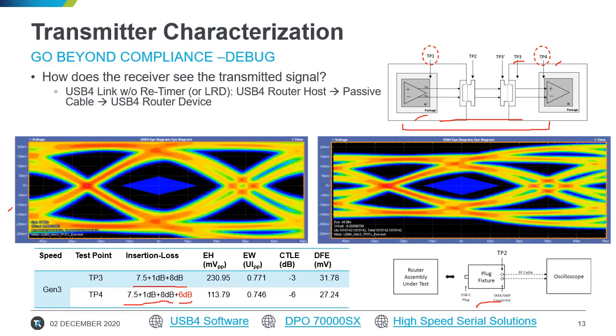And I still used the TP3 mask because we wanted to compare how much margin we have if we embed an additional 6 dB or 7 dB. Do we have anything challenging, or do we have the margin or not?